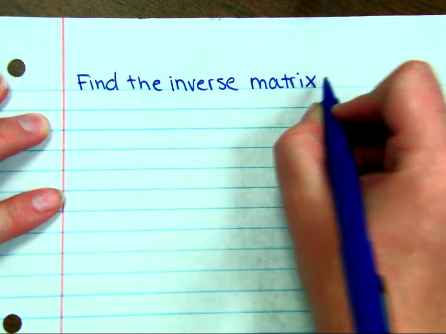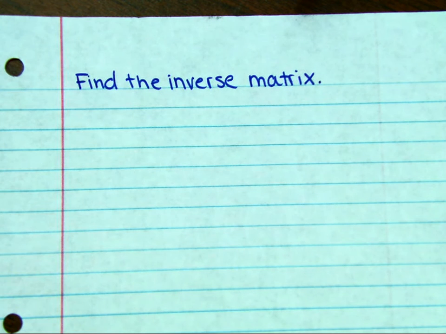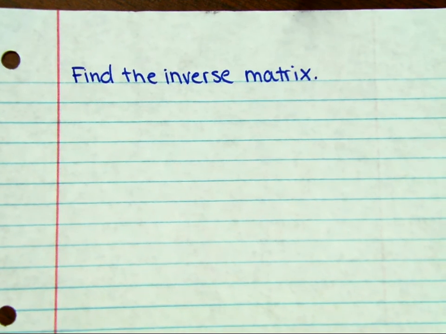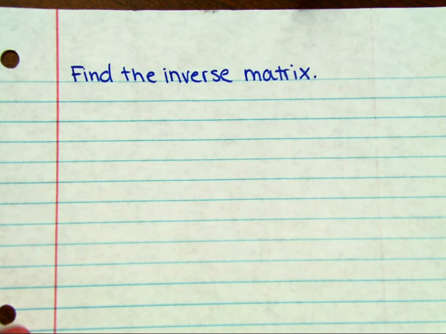So we are going to find the inverse matrix. So we're going to find whatever we need to multiply our A by in order to get just X if we wrote the equation.